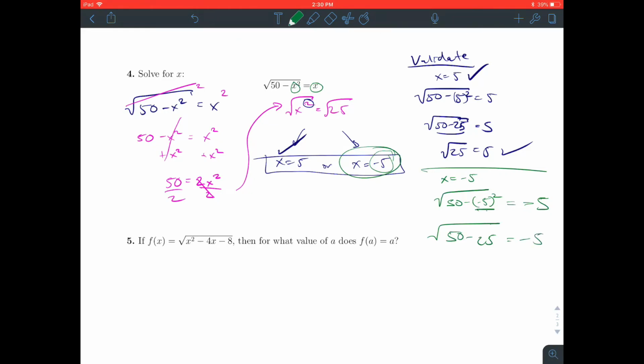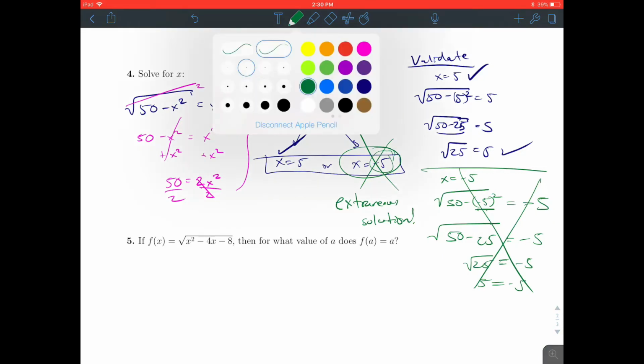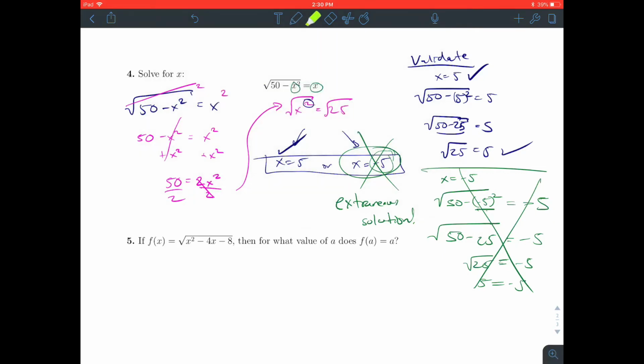So 50 minus 25 equals negative 5. This again gives me the square root of 25 equals negative 5. But that's not true because the square root of 25 is 5. So this ends up being false, which means that this is an extraneous solution. So we actually end up with only one answer to this problem, and that's the one highlighted in yellow right here.